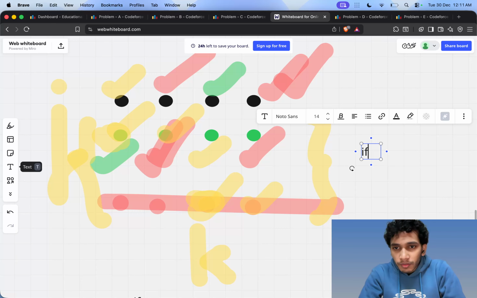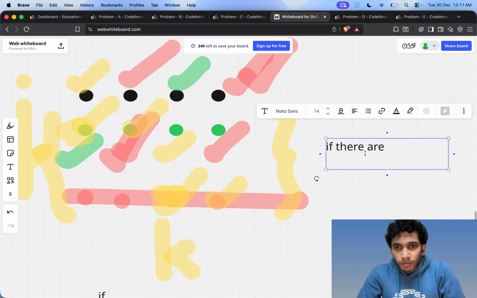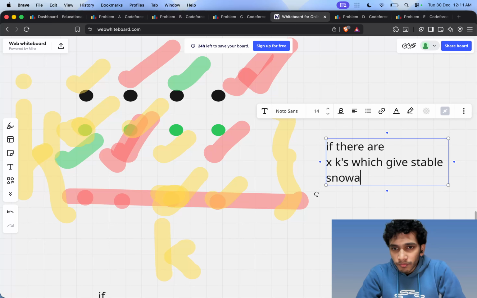If there are X ks which give stable snowballs, all stable snowballs, that is all n snowballs, all stable snowballs.